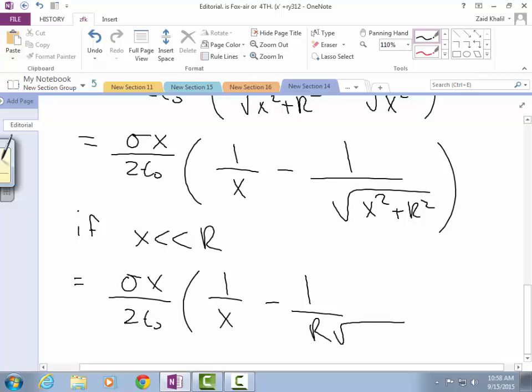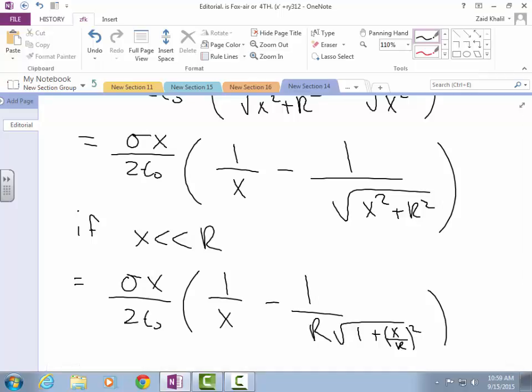Square root of 1 plus x over r squared. What happens? So then we end up with... No, we're going to have to use linear approximations throughout.